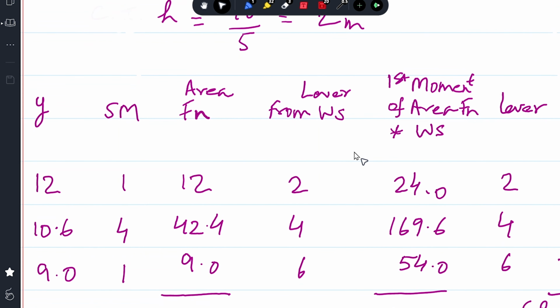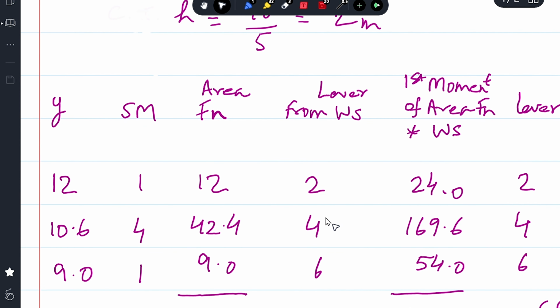Okay, and then our common interval h is also 2 meters. So for the next ordinate, 10.6, the lever will be 4, and for the third ordinate, 9.0, the lever will be 6 from the water surface.